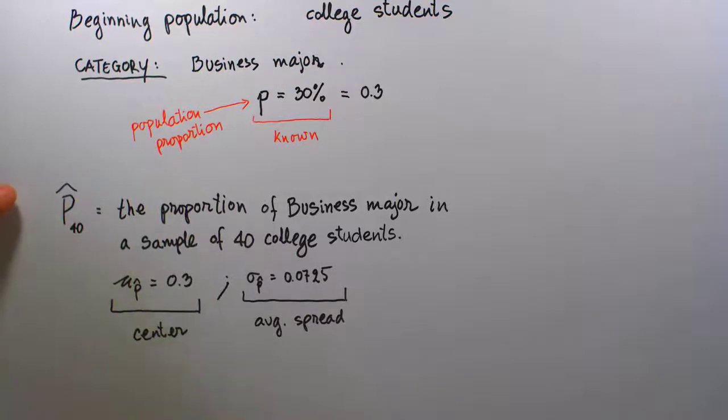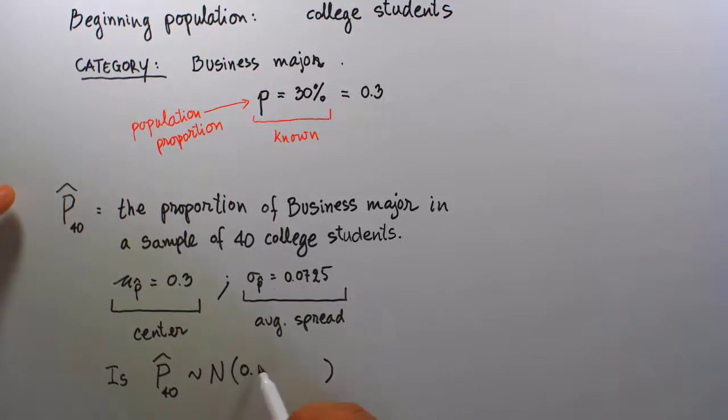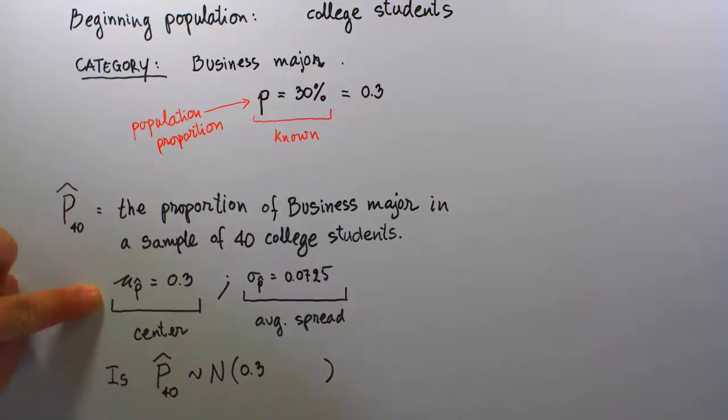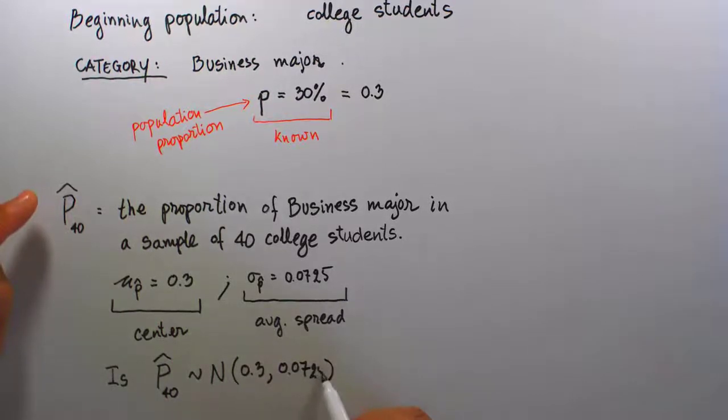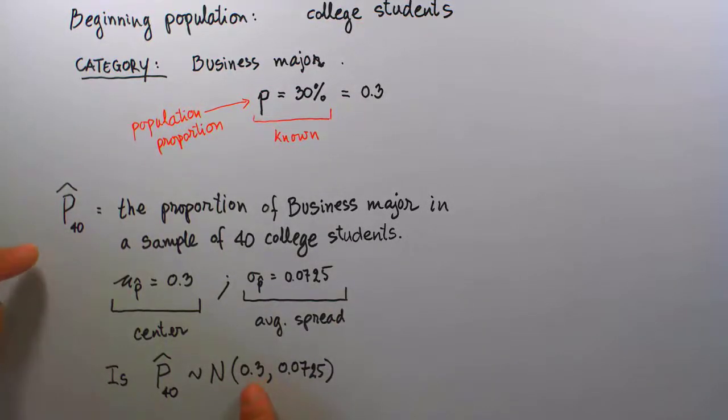Symbolically, the question is: is it true or not, yes or no, that our sampling distribution capital P hat 40 would be normally distributed? If it would be, it would take center at 0.3, as we already found, and average spread 0.0725. Both the center and the average spread were found previously.